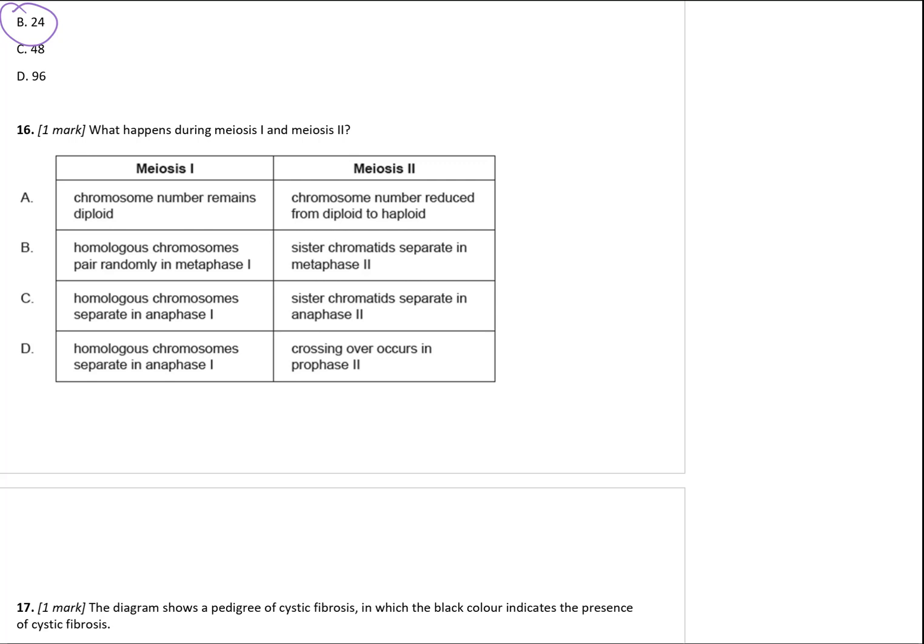The answer is C. So the homologous chromosomes separate in anaphase 1 and the sister chromatids separate in anaphase 2. So in meiosis 1, you've got the pairs, and the pairs separate. And then in meiosis 2, you have the individual chromatids separate. So the answer is C.